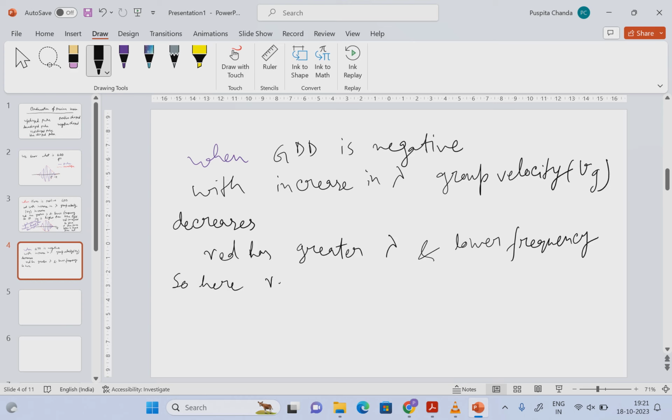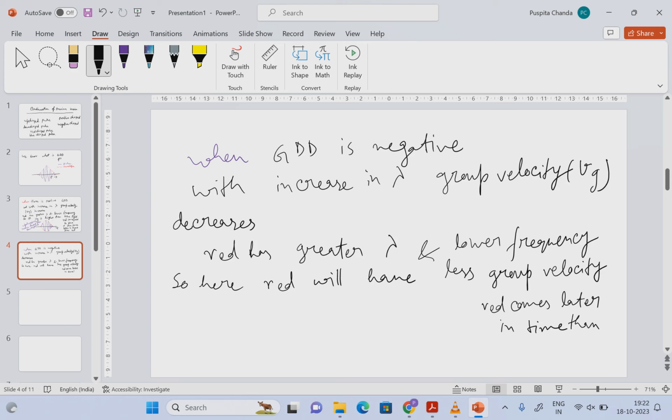Here, what happens? Red comes later in time than blue light.